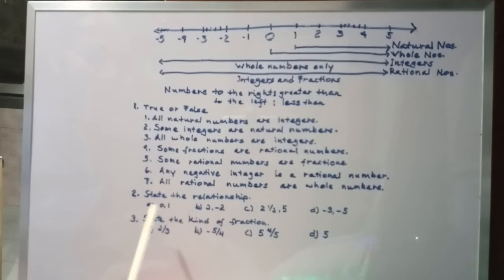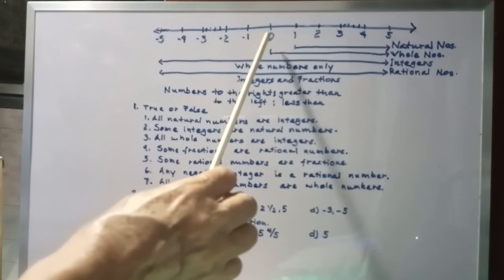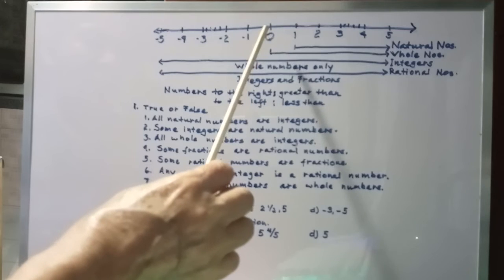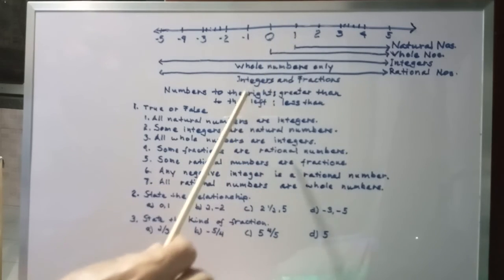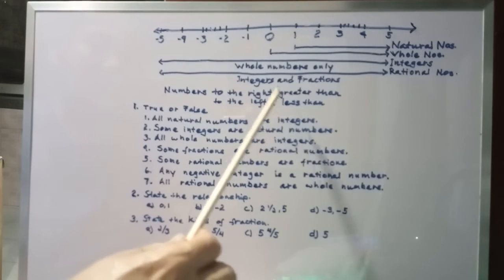So, letter A, 0, 1. Where is 0? 0 is here, the point of origin. And 0 is to the left of 1. So, by definition, it is less than.